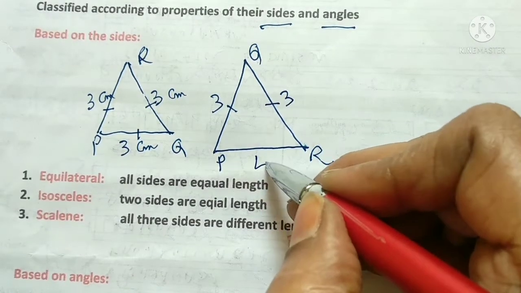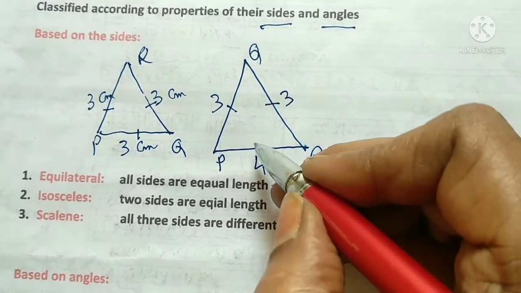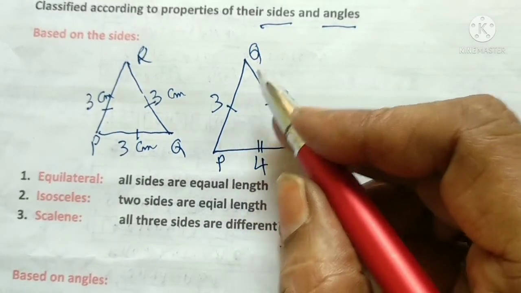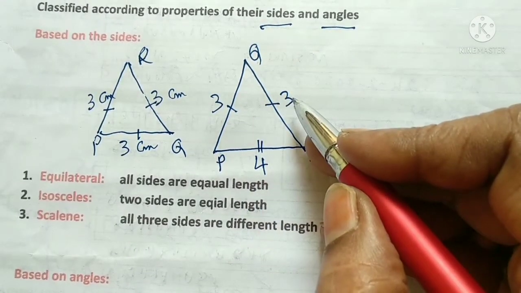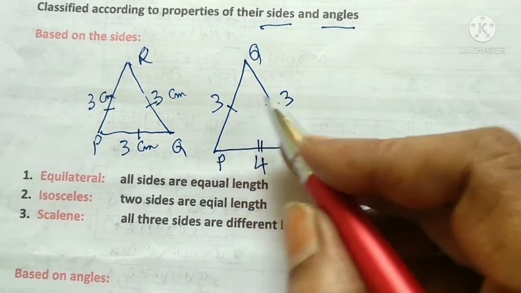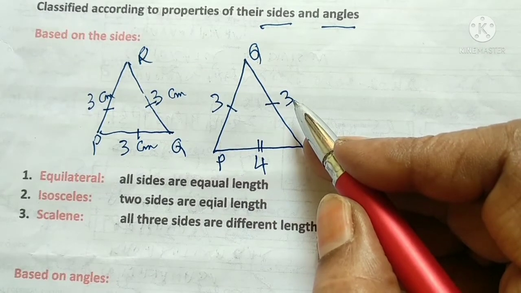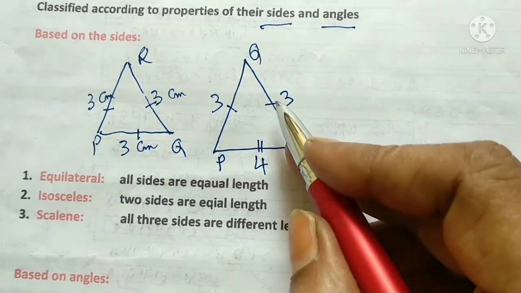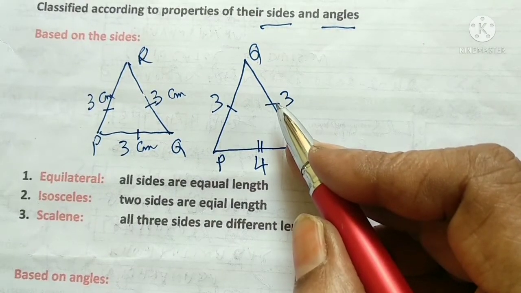Let us say this is 4 centimeters. PQ is 3 centimeters, QR is also 3 centimeters, but PR is 4 centimeters. Here means only two sides are equal in length. So when two sides are equal in length, this is called an isosceles triangle.